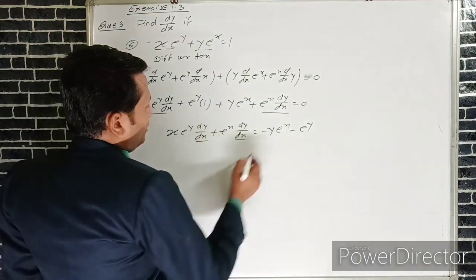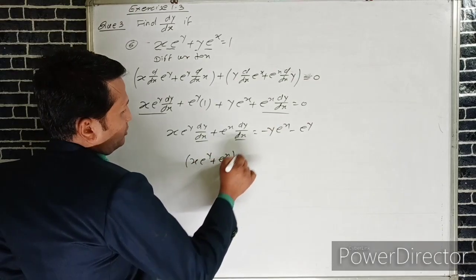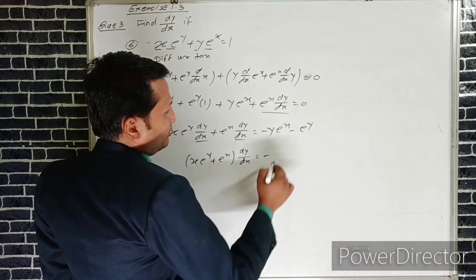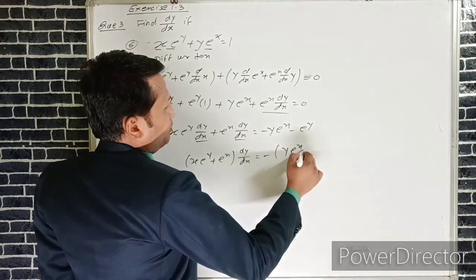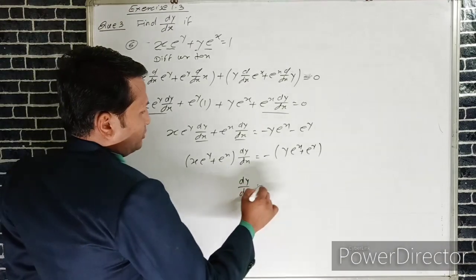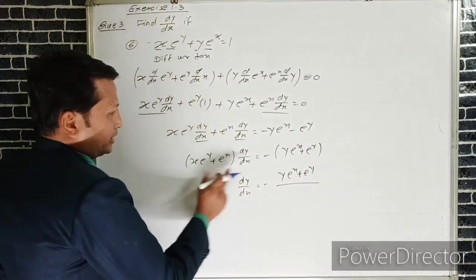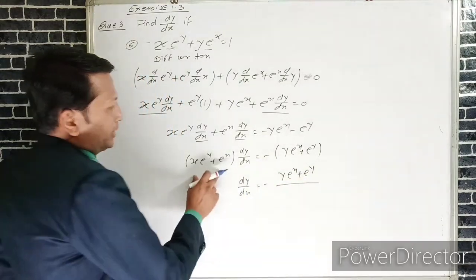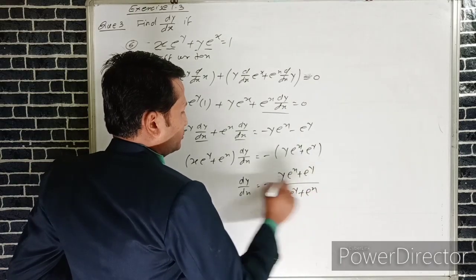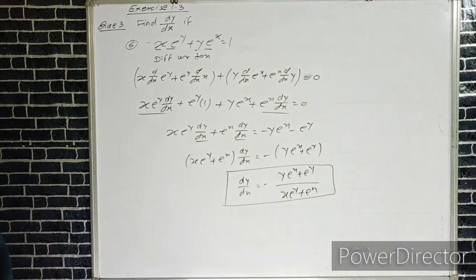Now take dy by dx common from both terms: x into e to the power y plus e to the power x into dy by dx is equal to, if we take the minus sign common, minus y e to the power x plus e to the power y. Next, we can write dy by dx is equal to this term y e to the power x plus e to the power y, which is a multiple term. We can take it to the right side, then it divides the whole term. It means that x into e to the power y plus e to the power x, which is the required derivative dy upon dx.